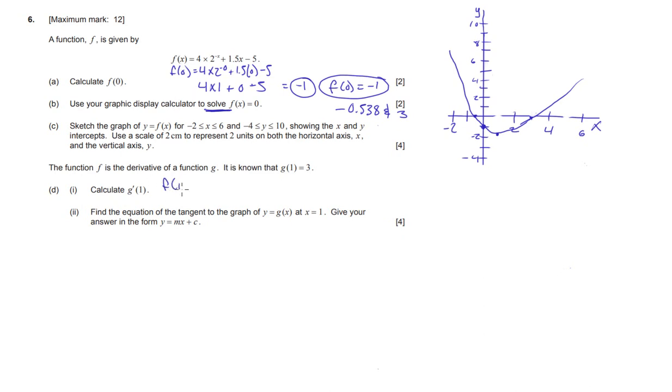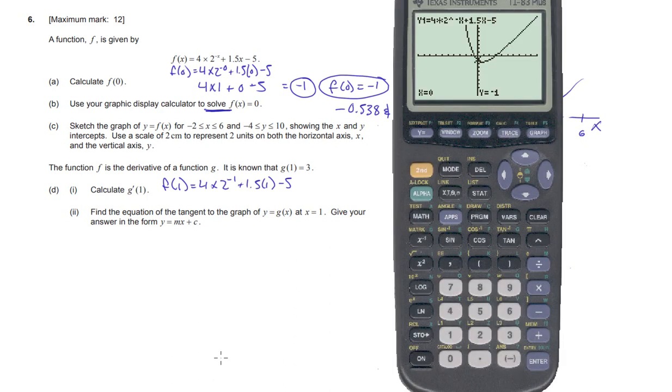So f of 1 is going to equal 4 times 2 to the negative first plus 1.5 times 1 minus 5. Okay, so just to make sure and safe, let's plug this into our calculator. 4 times 2 to the negative first plus 1.5 times 1.